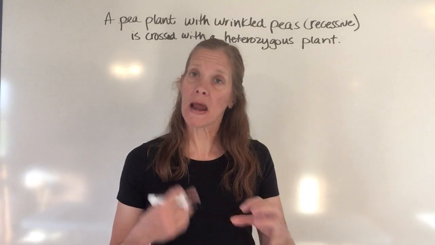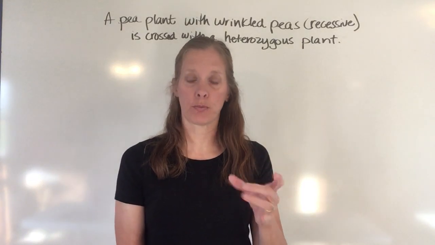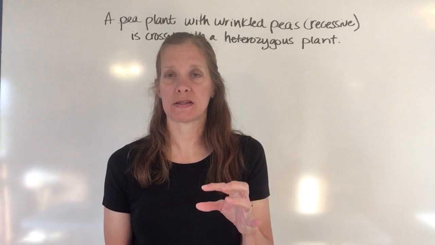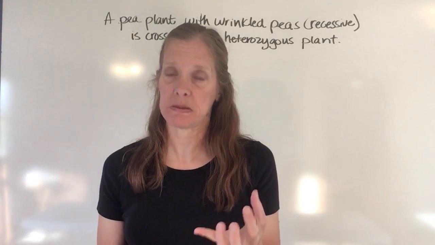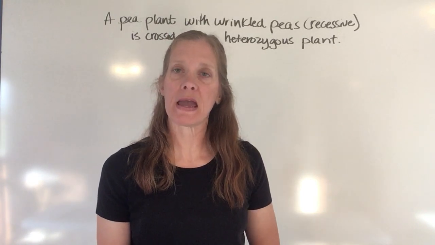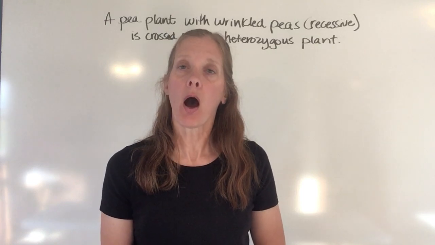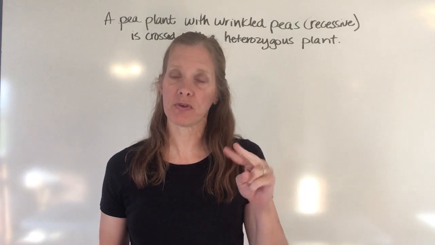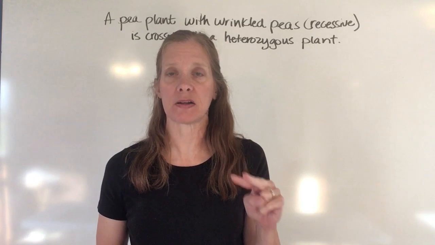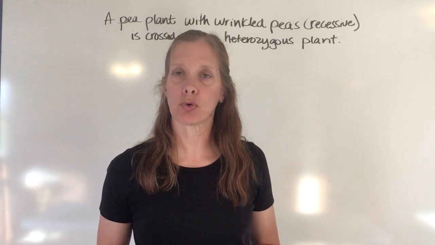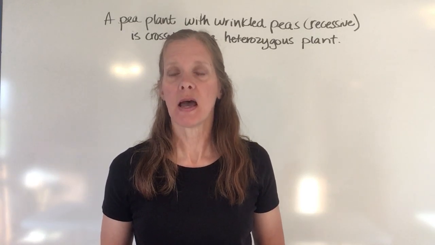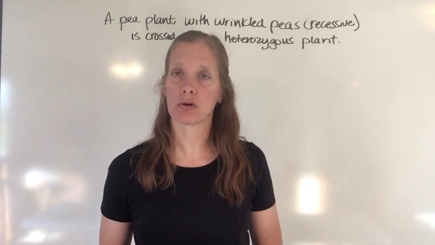Now, homo and hetero are two prefixes that probably in today's society everybody's pretty familiar with. If you have an organism that is homozygous, then both of its alleles for the trait are exactly the same. If you have an organism that is heterozygous, then both of the alleles for the trait are going to be different.